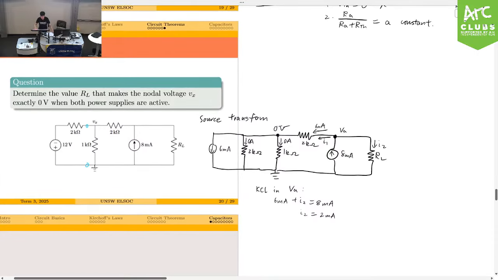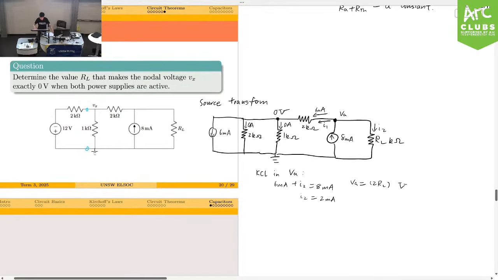After we have calculated I2, we see that VA just equals 2 RL volts, where RL is in kilo ohms. Cool. After we have VA, we also know something else, right? We can do Ohm's law in the 2 kilo ohm resistor here.